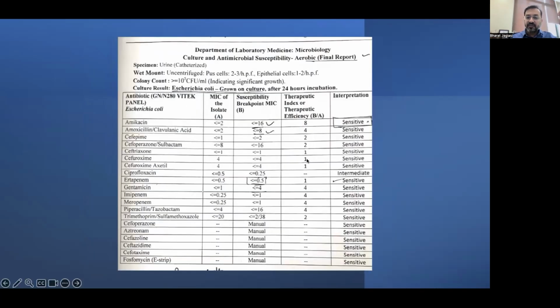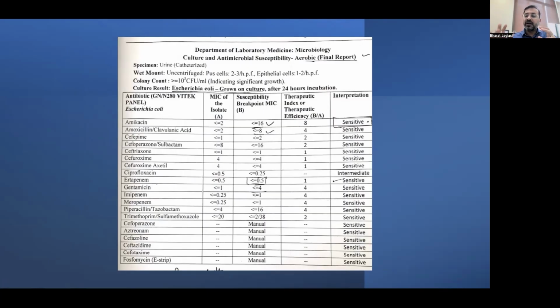One more example, here the highest therapeutic index is 8, which is true with the amikacin. But if you look into the MIC, the lowest is with the ceftriaxone, but here the choice of antibiotic would be the one with a higher therapeutic index if it fits into the context, that is the amikacin. If the patient is nephro-safe in the current situation, we can continue using amikacin with a higher therapeutic index.